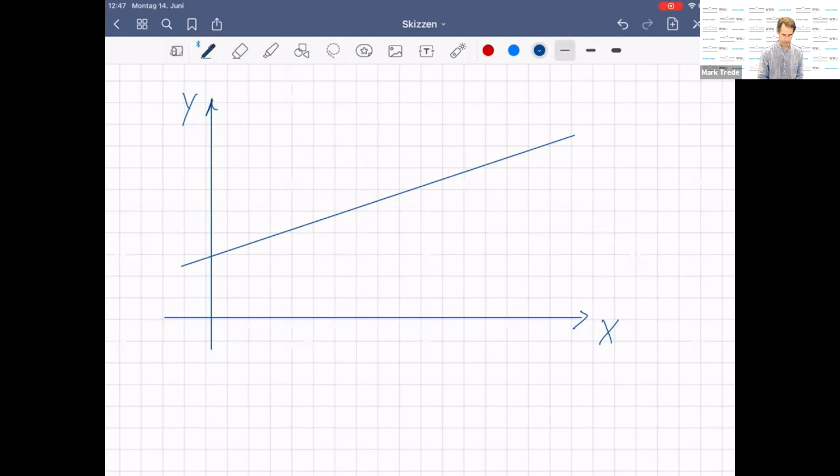But suppose now that the relationship Y_i equals beta 0 plus beta 1 X_i plus U_i, suppose that assumption number 1 is violated, which means that the expectation of U given X is not 0.